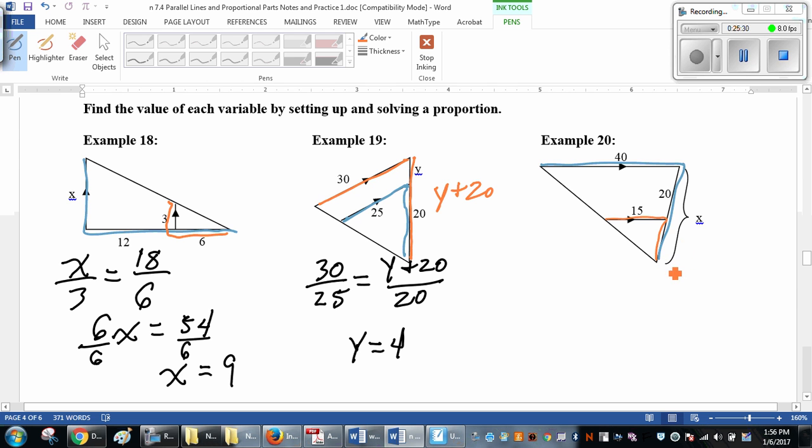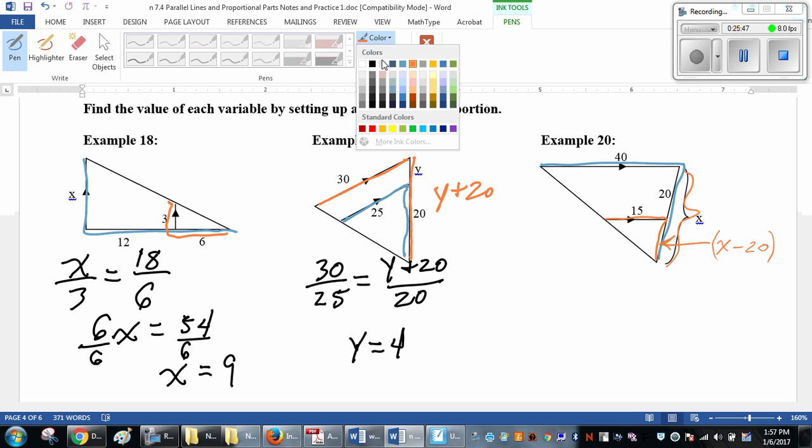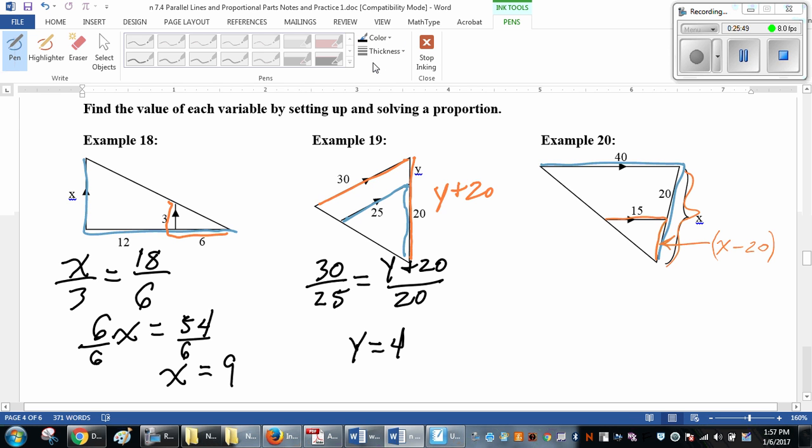If this whole piece here is x, this little guy is x minus 20. See how we get that? We take that whole side and subtract that 20 that we know. That's the expression we need to use when we set up our proportion. Corresponding parts: 40 is the whole side of the big triangle, 15 is the side in the small triangle it corresponds with.